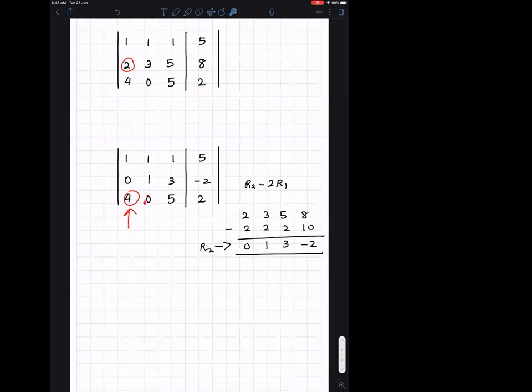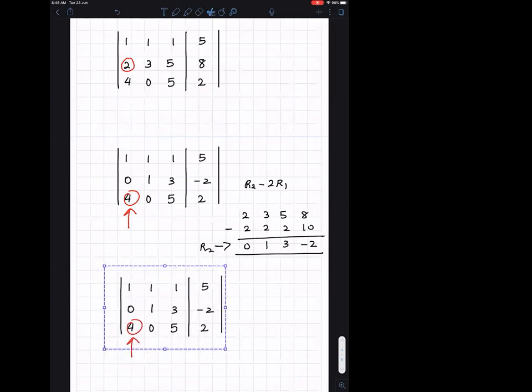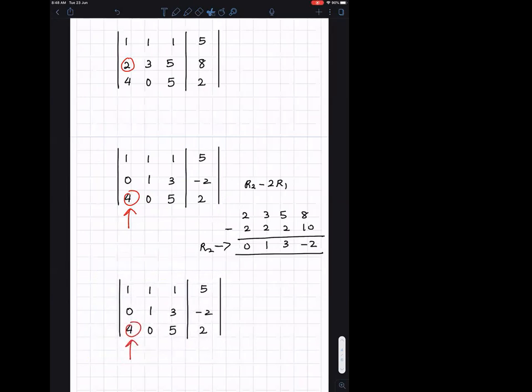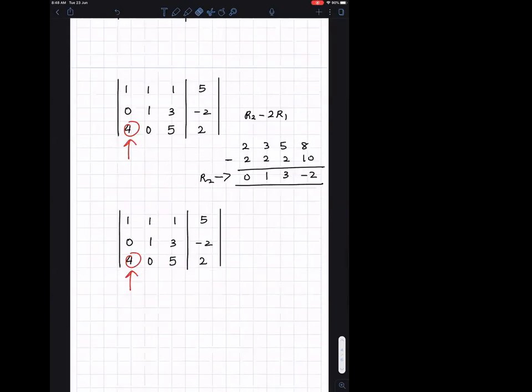Eventually, you'll make it go to 0 by subsequent row operations. So go ahead and delete this because the operation is on row 3.